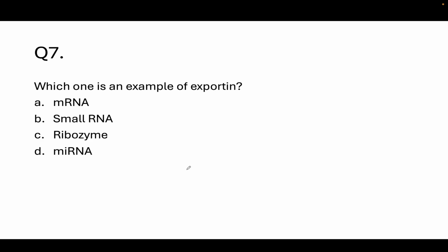So here is your next question. Which one is an example of exportin? Now we have just discussed it. Exportin means what? Export factor. The transport receptor in case of nuclear export is called exportin. So which one is an example of exportin? mRNA, small RNA, ribozyme, or miRNA?